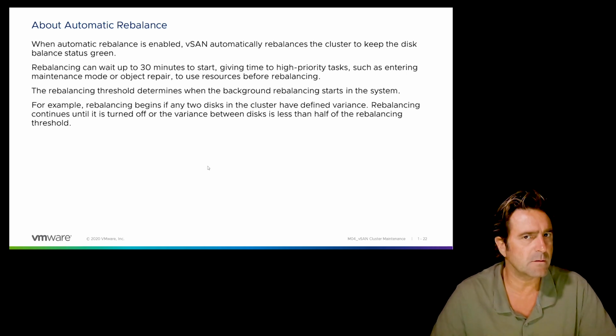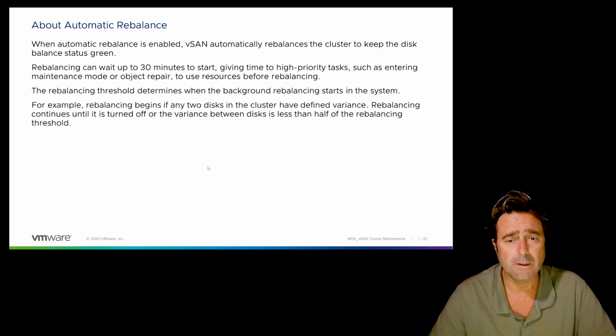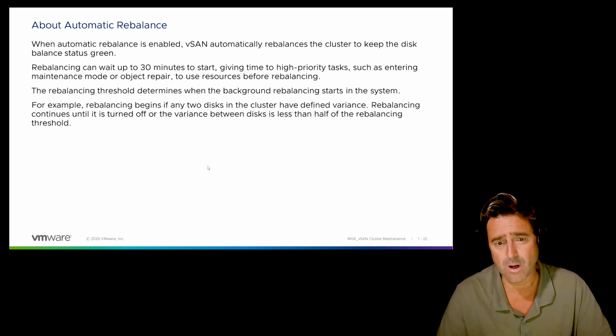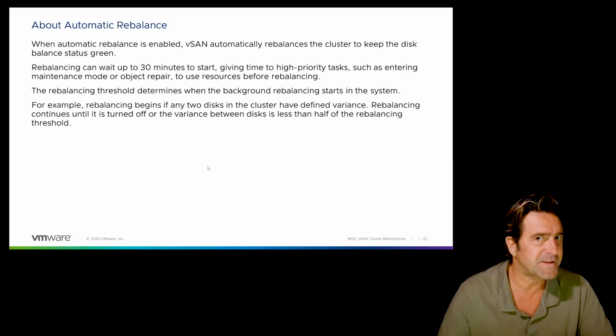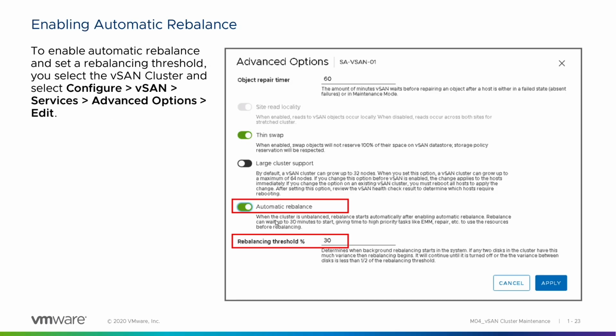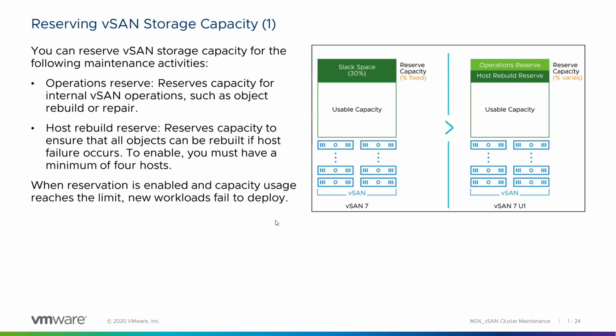And as you can see here, it says rebalancing can wait up to 30 minutes to start, giving time to high priority tasks, such as entering maintenance mode when it comes to a host, or obviously fixing a particular object before moving data around. And you can see here, we show you how to enable automatic rebalance. And we also show you the fact that you don't have to necessarily go with 30%. You can change that value.